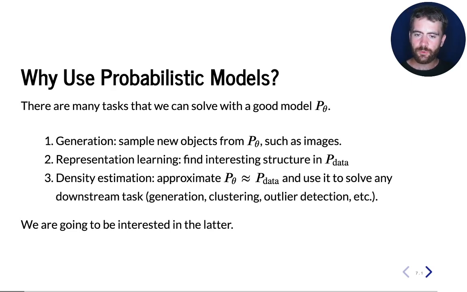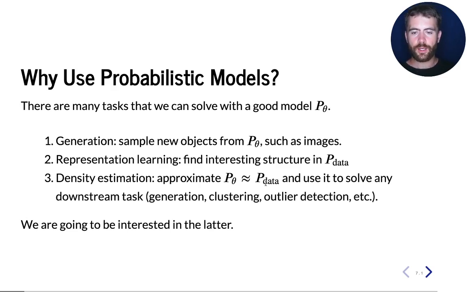We can also use them to find interesting structure in data. So if there are clusters, then we can inspect our probabilistic model and try to recover these clusters. And perhaps the most general task that we could do with a probabilistic model is to try to learn the data distribution as accurately as possible. This is the third task here, and this is the definition of the task of density estimation.